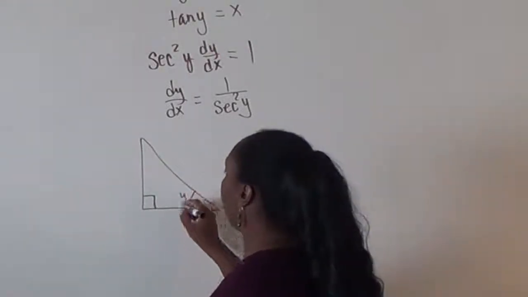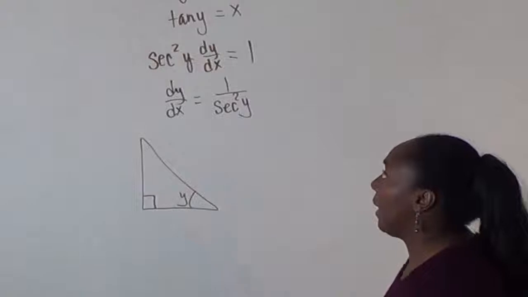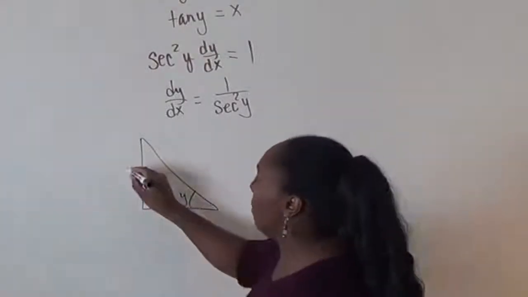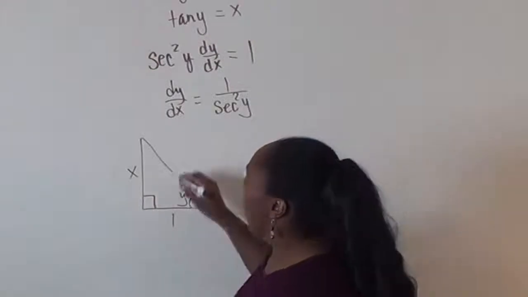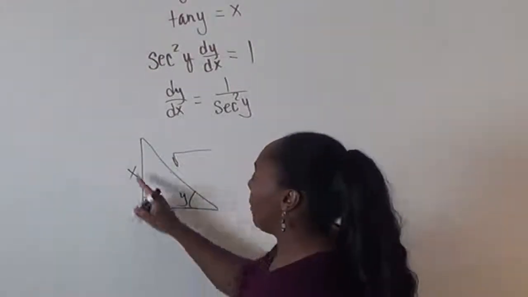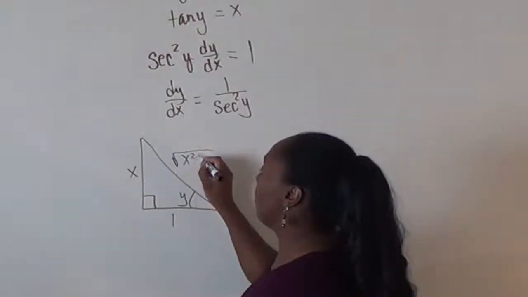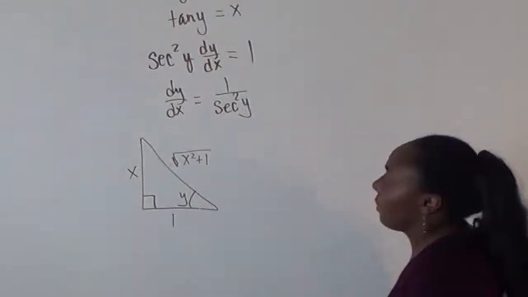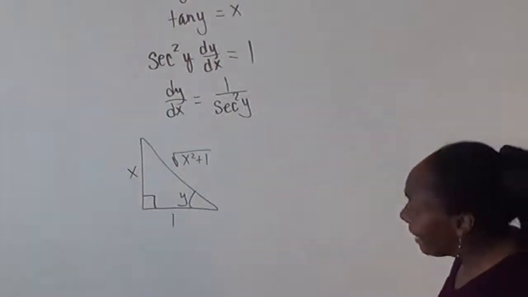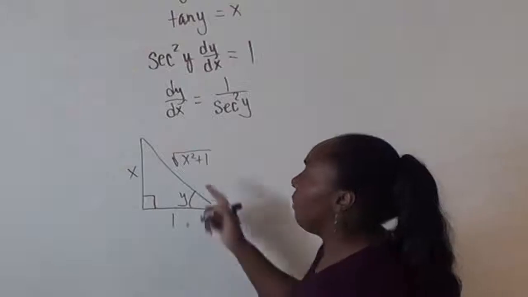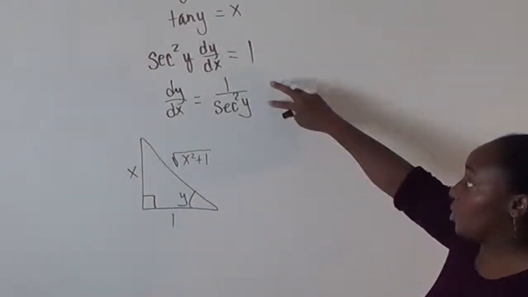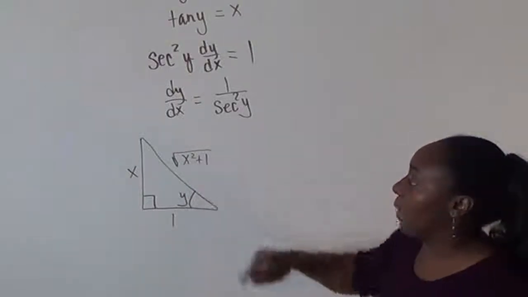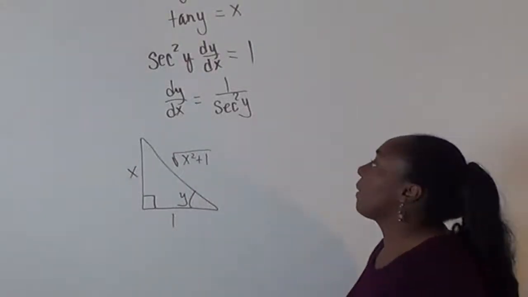Again, looking at our triangle with angle y, tangent is opposite over adjacent, so that has to equal x, which means that our square root here is going to be x squared plus 1. Looking at the secant, it is the hypotenuse over the adjacent, or again, you can think of this as cosine squared, and so it would be 1 over that, and then you've got to flip it.